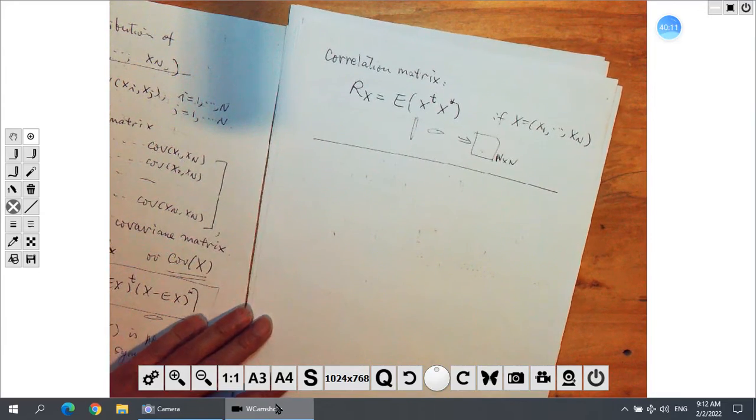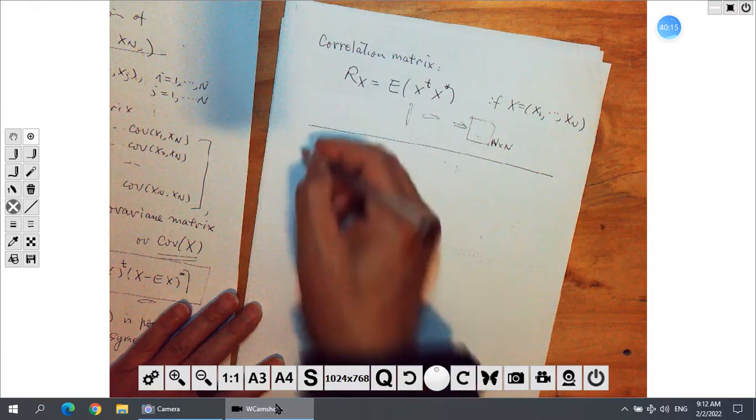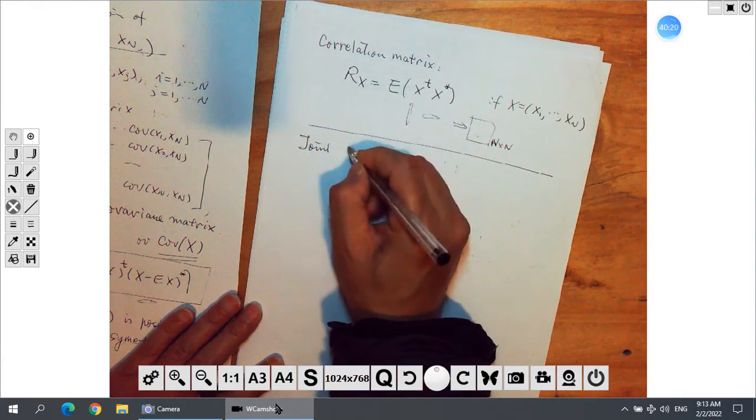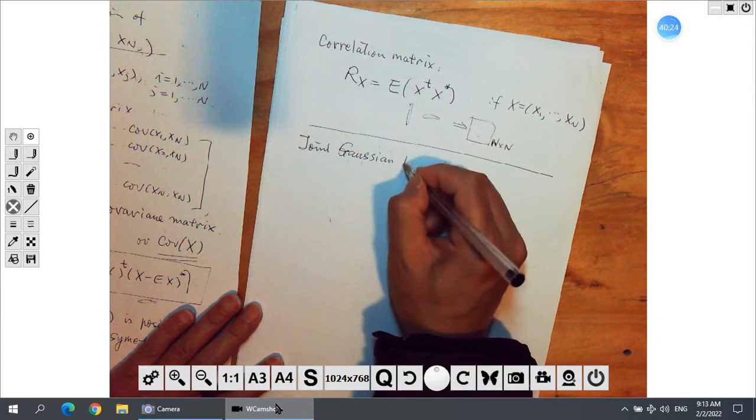Then in a similar way we can describe the joint Gaussian distribution.